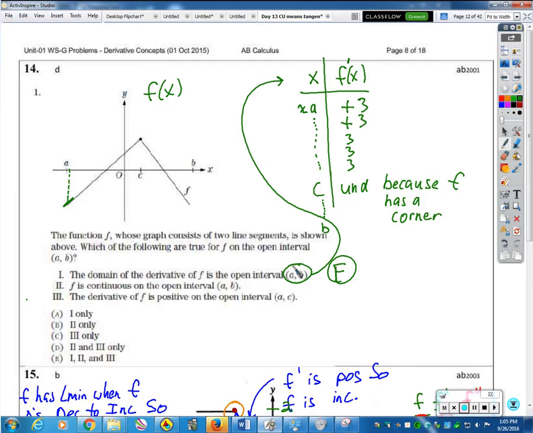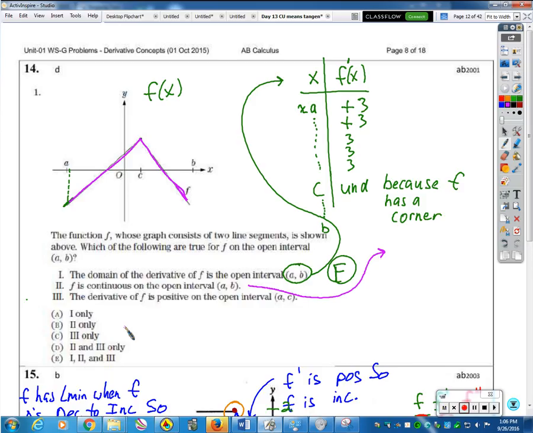Follow-up questions? I lost some people. Are we okay? It says is f continuous on the interval a to b. Well, from here to here, are there any holes, jumps, or asymptotes?